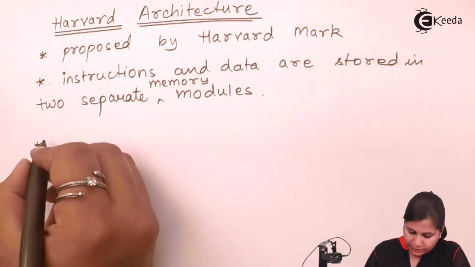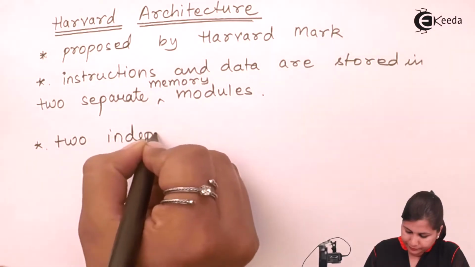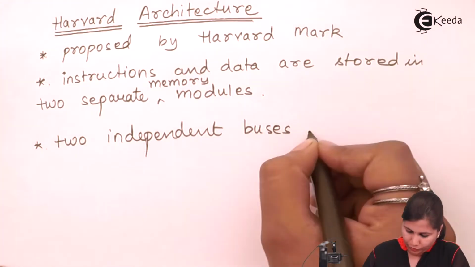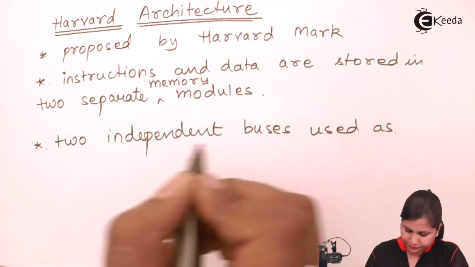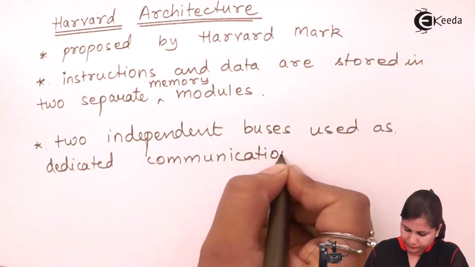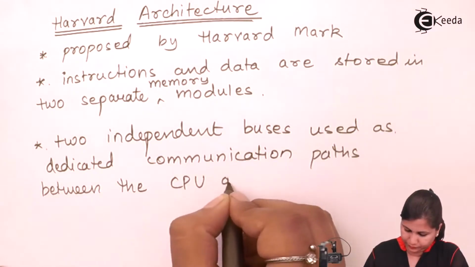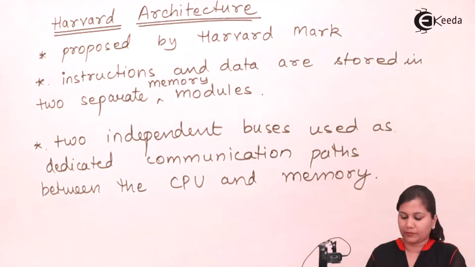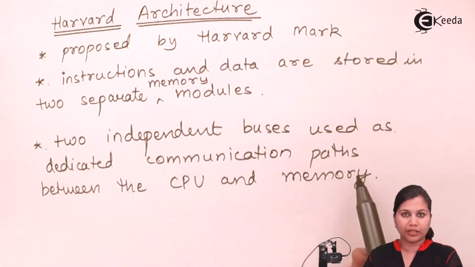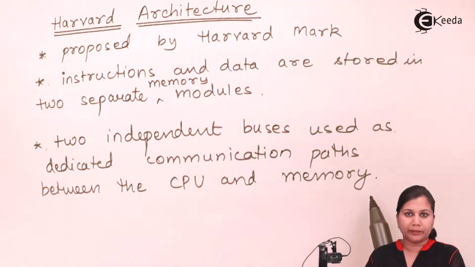So there are two independent buses which are used as the dedicated communication paths between the CPU, that is the processor, and the memory.